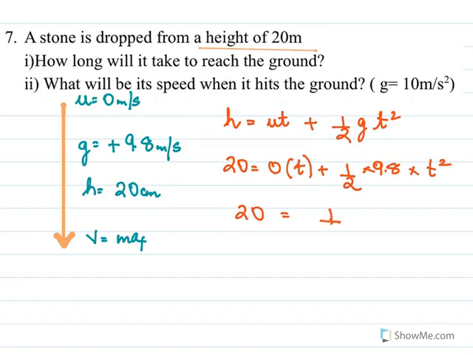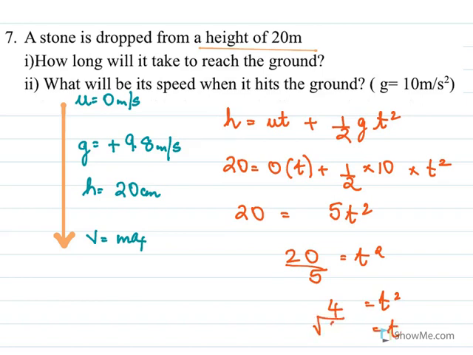So 20 equal to half into 10, as the acceleration due to gravity is given as 10. So here we cancel half and 10, and we'll get 5 t square. So t square is 20 over 5, so your t square will be 4. So t will be under root of 4, and your time will be 2 seconds. So you take 2 seconds to reach the ground.